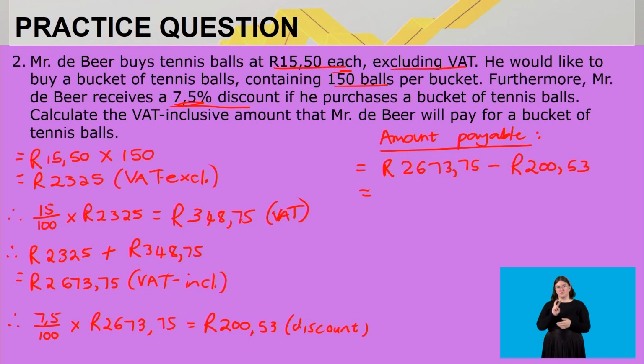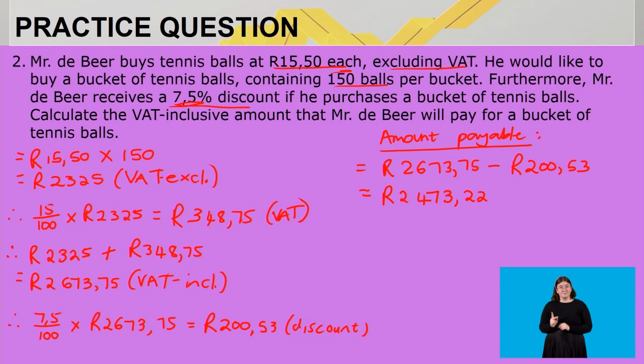Okay, let's type that in. So it's 2,673 Rand and 75 cents minus 200 Rand and 53 cents, the discount. So that will give us an amount of 2,473 Rand and 22 cents. So therefore, Mr. De Beer will pay 2,473 Rand and 22 cents.